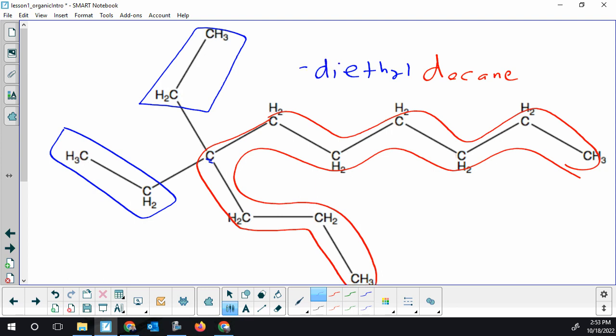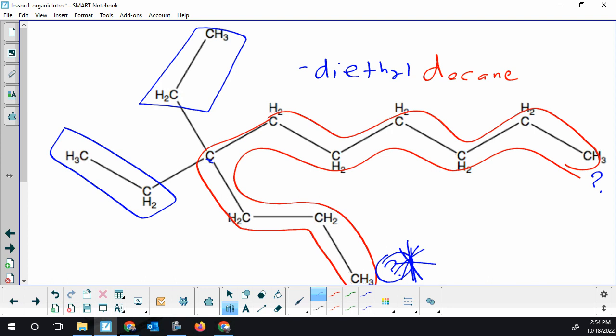There's 2 of them, so it's a diethyl, and we need 2 numbers. So which end do we count from, that end, or do we count from that end? If I count from the far right, 1, 2, 3, 4, 5, 6, 7. If I count from here, 1, 2, 3, 4. Well, 4 is less than 7, so that is the correct end to count from.